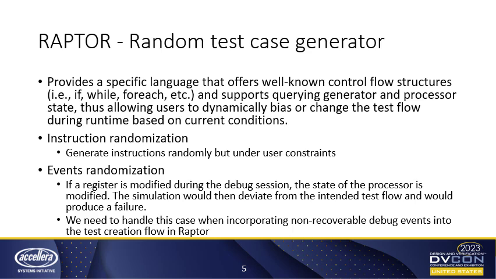One problem is that the events are asynchronous, which means once inserted in the RTL simulation, it might not be happening at the exact same timestamp as in Raptor. If the state of the processor is modified during the events, the rest of the test would be heading different directions between the Raptor test case and the RTL simulation. The next few slides will be talking about how we handle this situation.